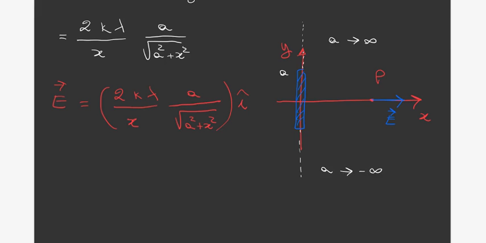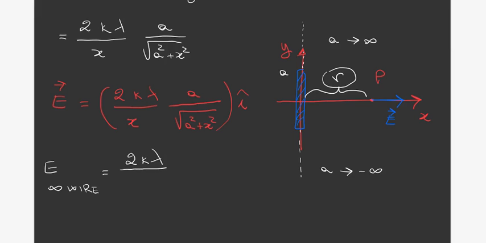And allow me now to call the distance from the wire to the point P r, because this is the general letter that we see when we want to figure out how far the point P is from the wire and what is the electric field at this r distance. With this change, the E due to an infinite wire is equal to 2k times lambda.